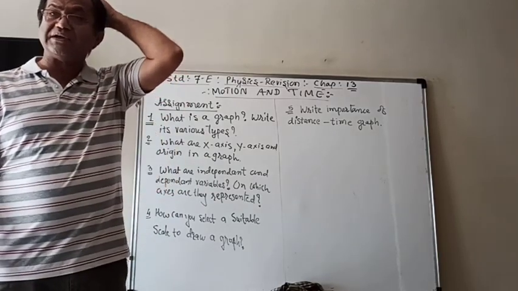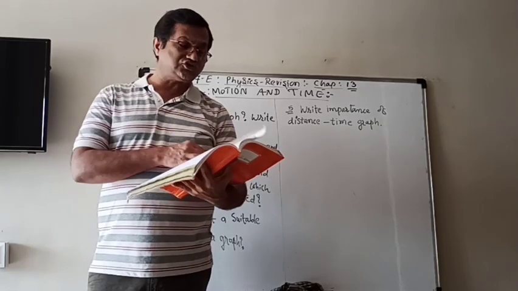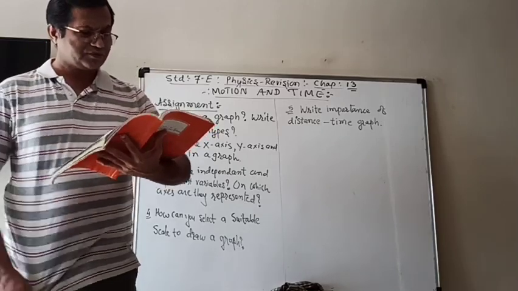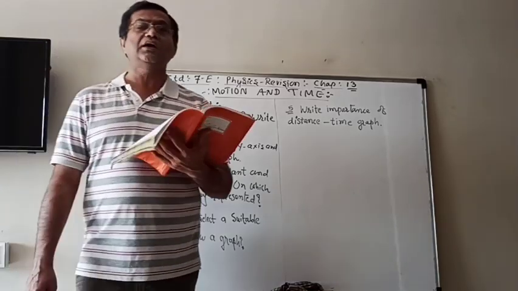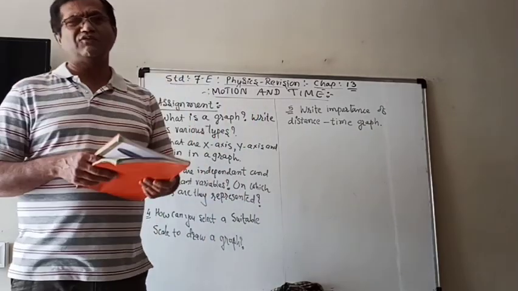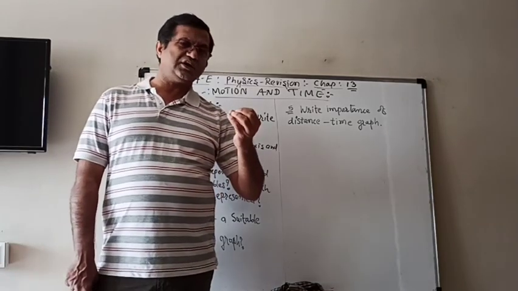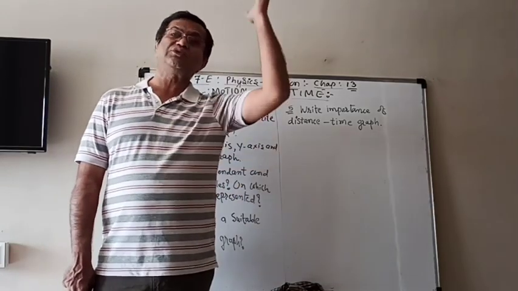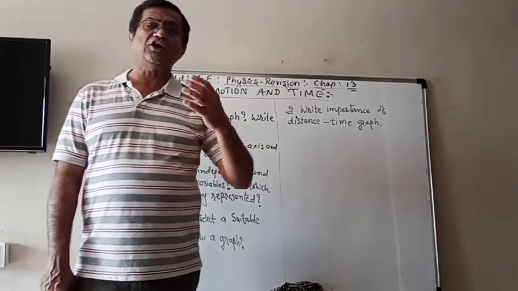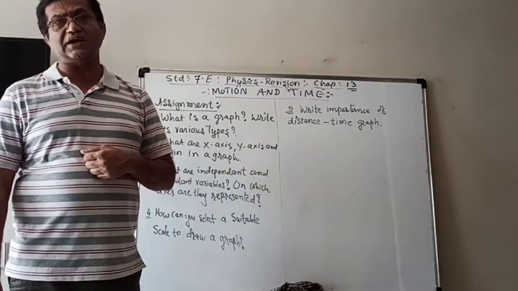Now, how can we choose a particular scale? That is also very important. Because if you don't choose a perfect scale, then your graph will be untidy. Maybe it is too small and the page will be empty, or maybe it cannot give you the complete information about that data.